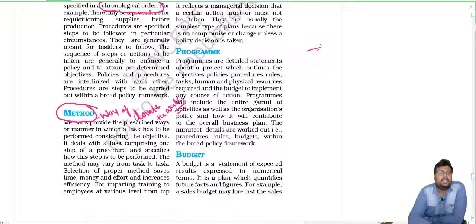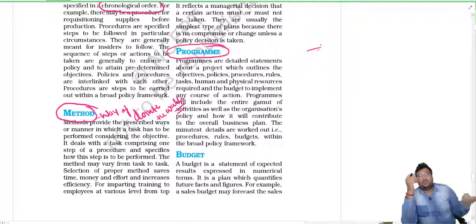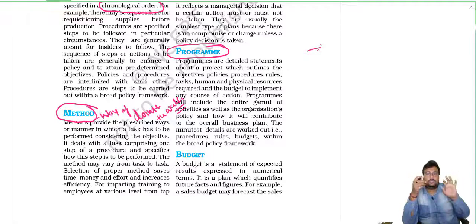A program is actually the combination of all. It is an outline. It is an outline that includes your objectives, policies, procedures, rules, the methods for completing a task, and how much budget there will be.